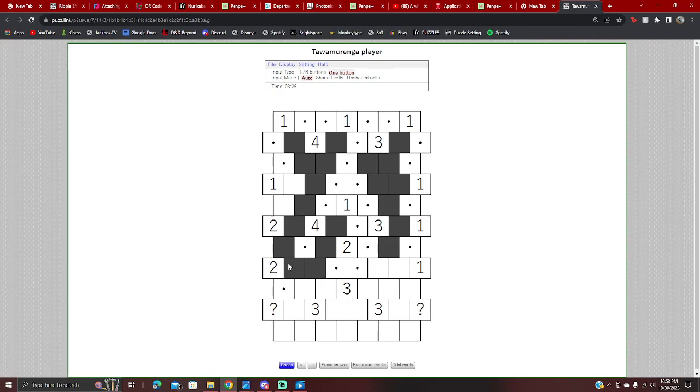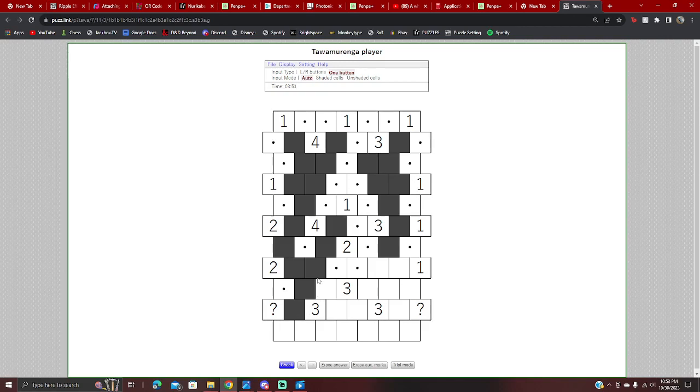This can't be shaded because this 2 clue is complete. Oh yeah, this 2 clue is completed. And to complete this 1 clue, we need to shade that. Okay. So this cell can only continue down by going to this cell. This cell can only continue down by going here.